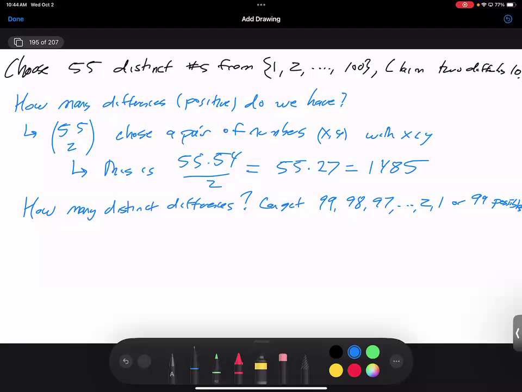We have 1,485. How many distinct differences do we have? We have 99. So at least one of these differences is hit many times. So for example, I might know a sub 7 minus a sub 6 equals a sub 11 minus a sub 8. Who cares? That doesn't necessarily help me.